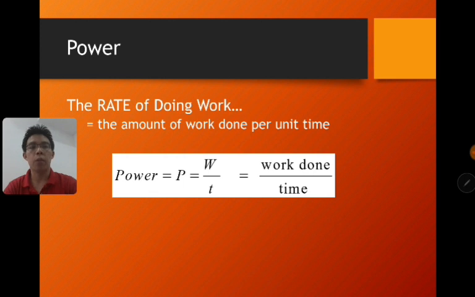Sometimes you can also use the change in the energy per unit time. Sometimes it will be the change in the kinetic energy per unit time, or the change in the gravitational potential energy per unit time, or any other forms of energy per unit time. The unit is watt, W-A-T-T. The symbol is capital W.